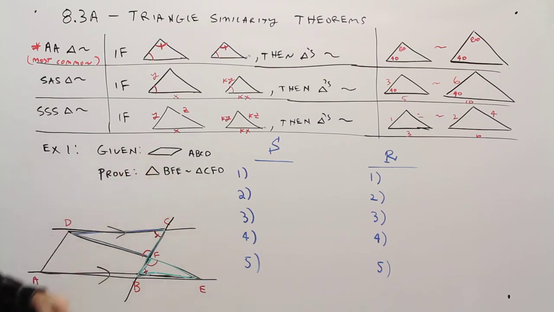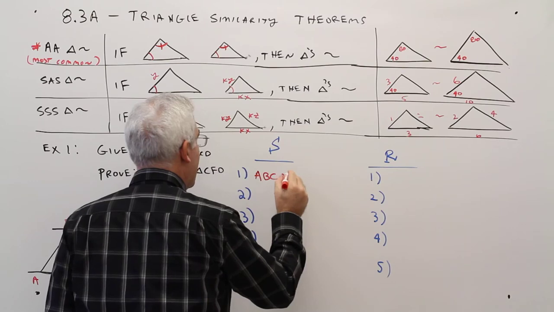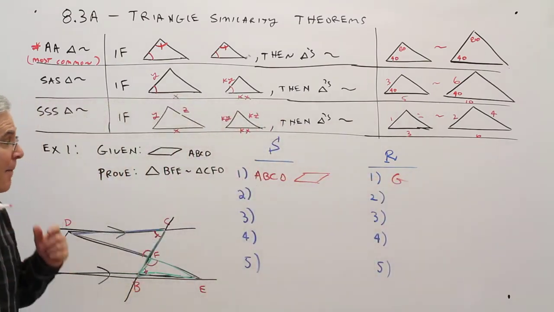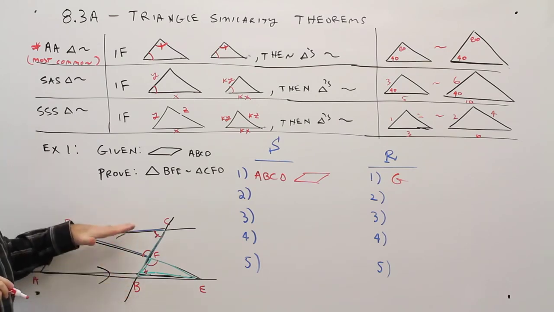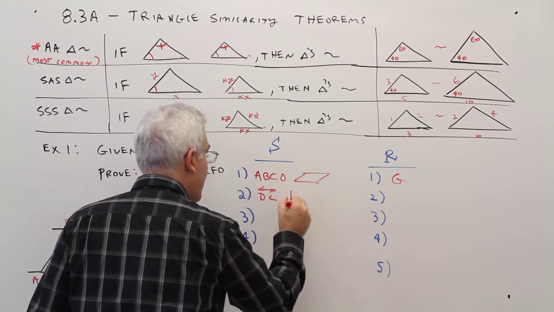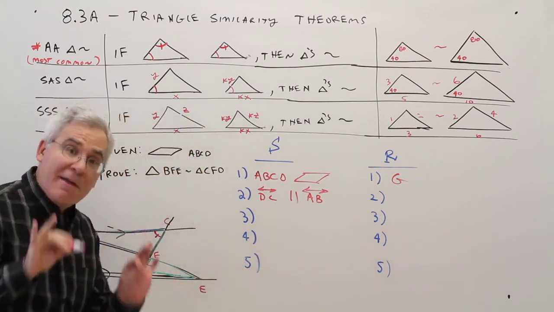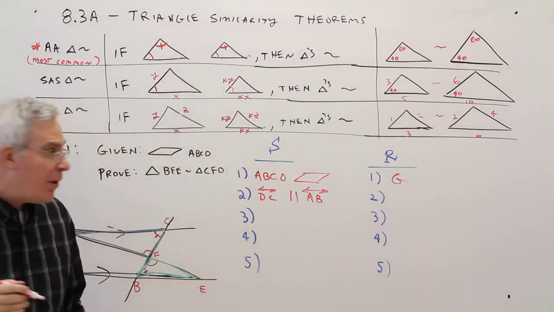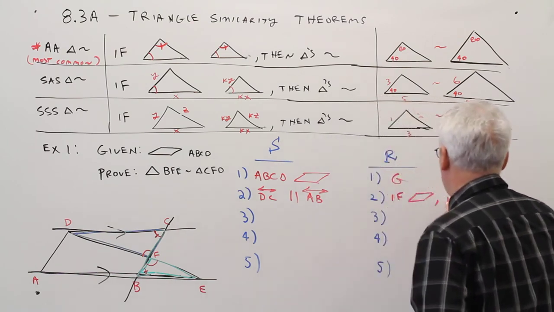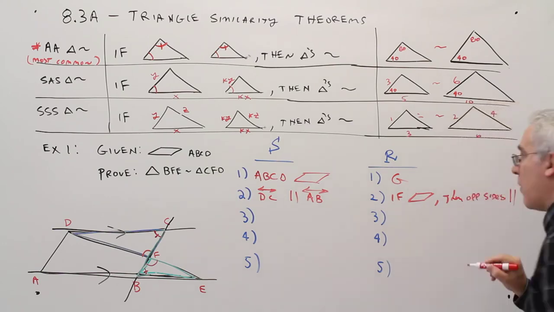Okay, starting with the parallel. So ABCD is a parallelogram, given. Based on that, I got these two sides to be parallel. So DC parallel to AB. If parallelogram, then opposite sides parallel.